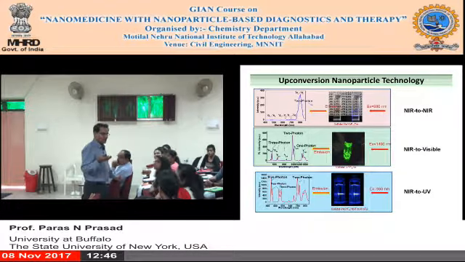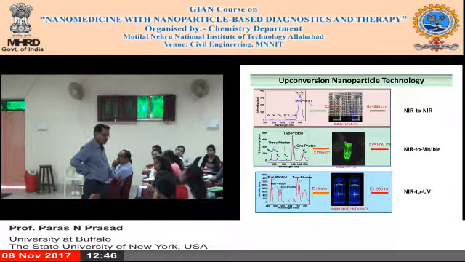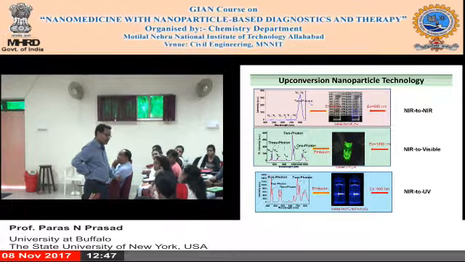Sir, I have a question. For example, sir, if there is an extract, one of my students is working on it. Now we don't know, there are so many different components in that, different constituent chemicals, and we went for the synthesis of nanoparticle, and we have synthesized nanoparticle.